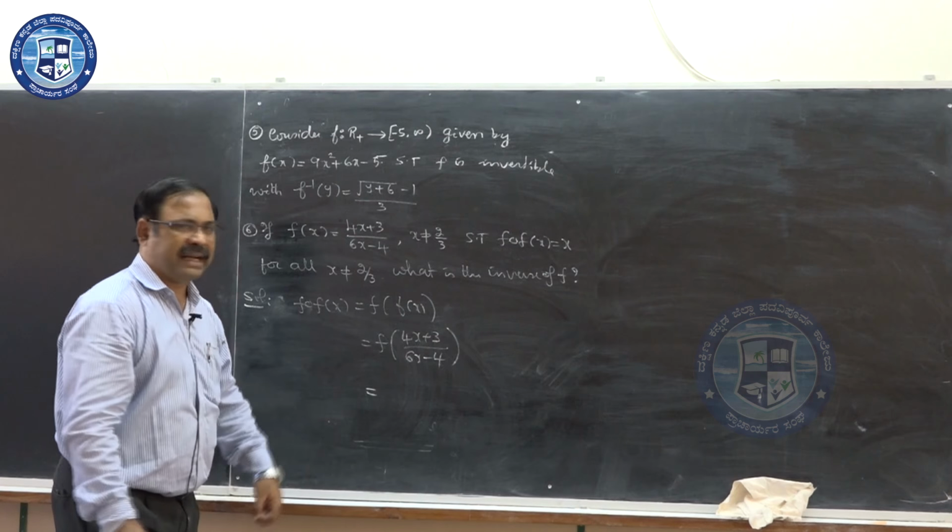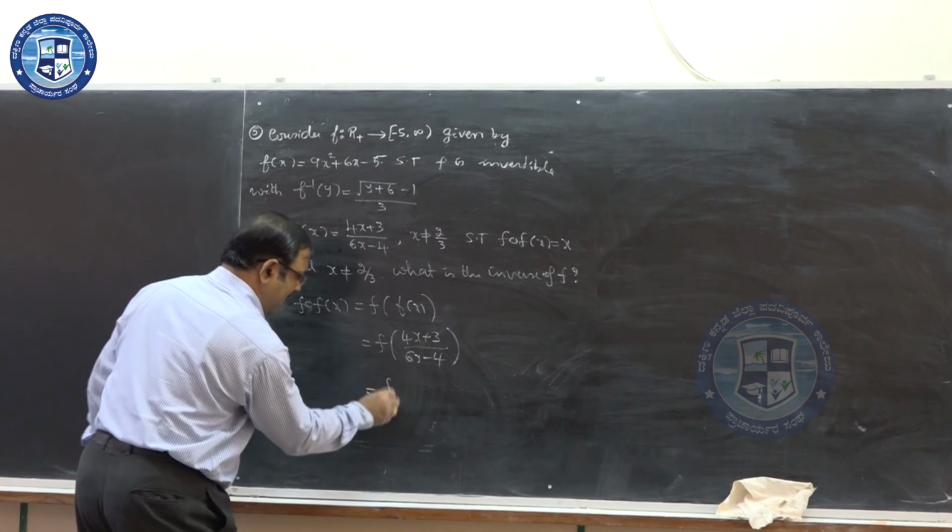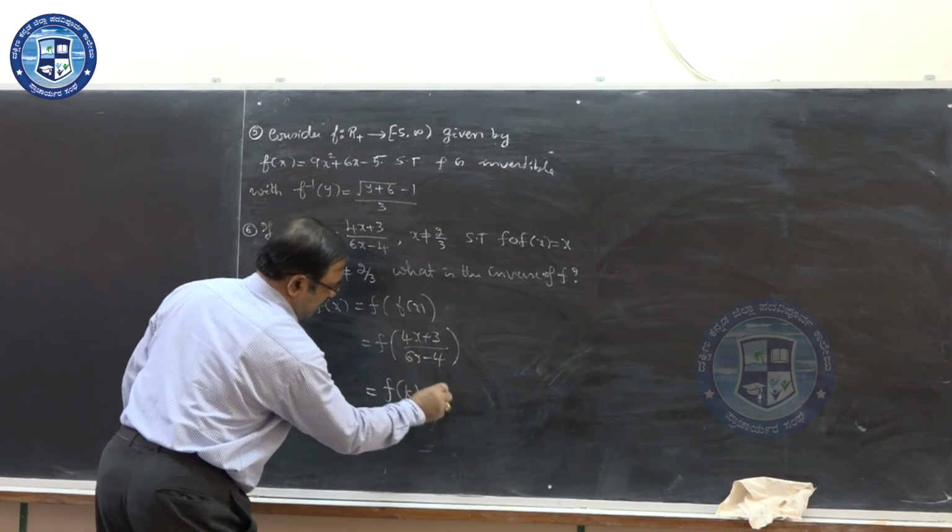Now, writing directly will be somewhat difficult. Let it be f of k, where k equal to 4x plus 3 by 6x minus 4. Now, tell me, what is f of k? See, what is f of x? f of x is 4x plus 3 by 6x minus 4, isn't it?